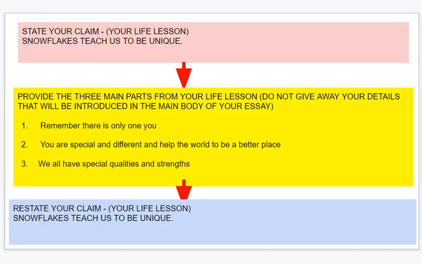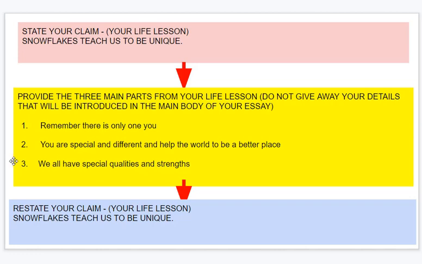You're going to state your claim, what it teaches you, and then your 3 major important details that you have further explained in your other paragraphs, which you already have done. And then you're going back to restate your claim that you already started out with.